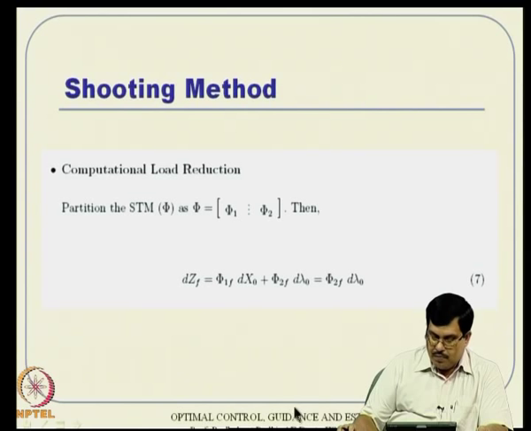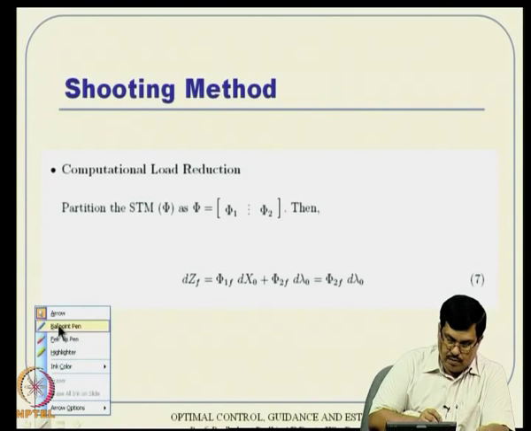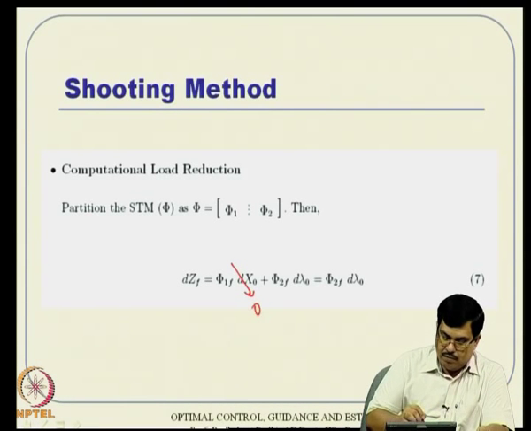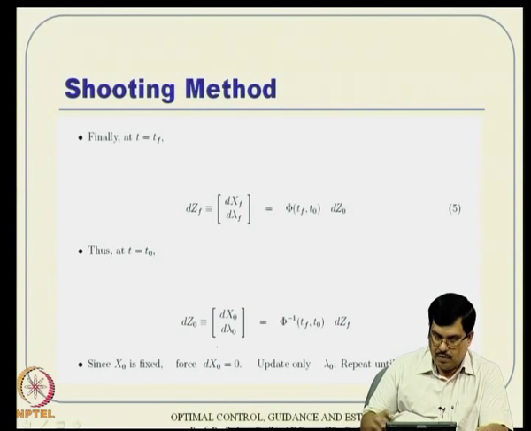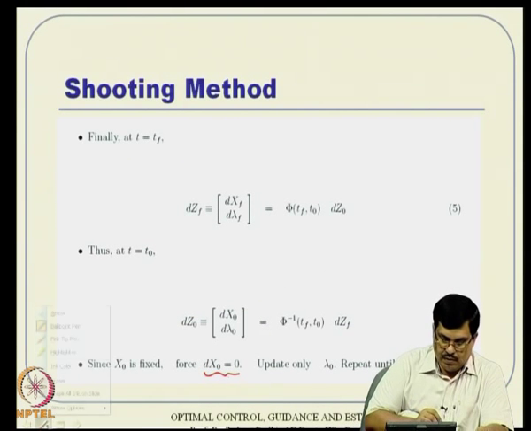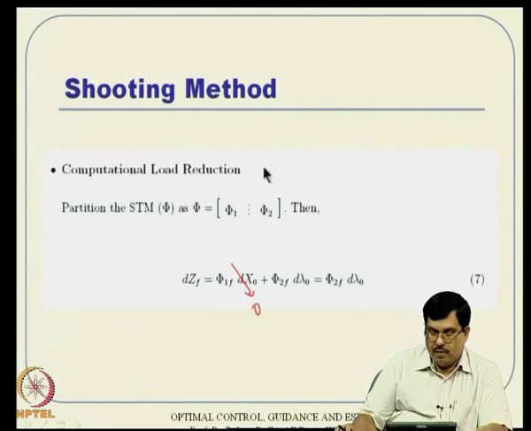Now, we are interested in forcing dx_0 to be 0, which is what we just discussed. Because of that this term turns out to be 0 and hence we will end up with this.